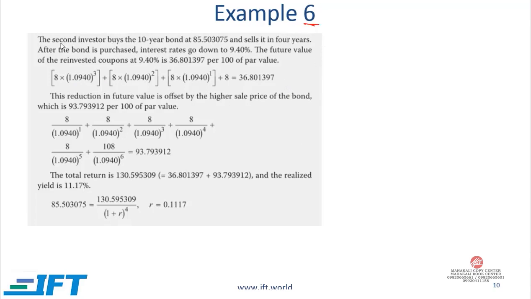Example 6 involves the second investor. Remember, his horizon was 4 years, so 0 to 4. This is the reinvestment income, which is 36.8. The coupon payments are being reinvested at a lower rate. 93.79 is how much this investor will sell the bond for at the end of 4 years.